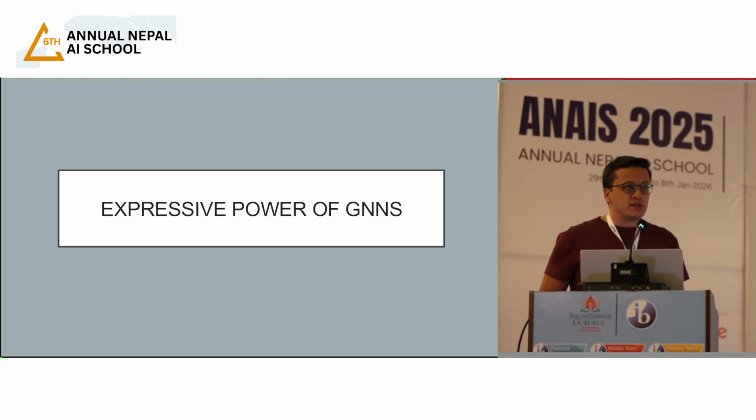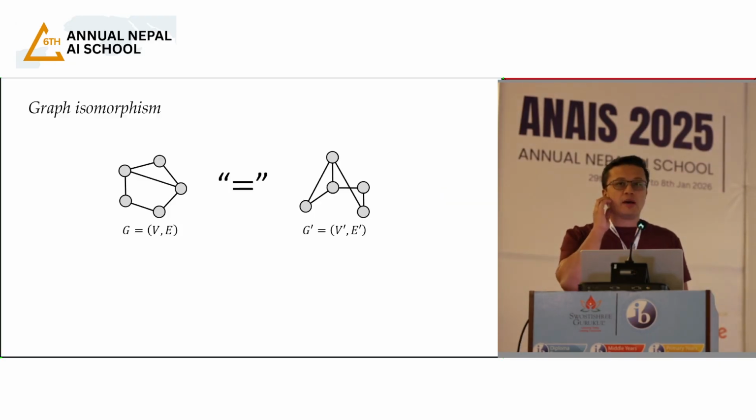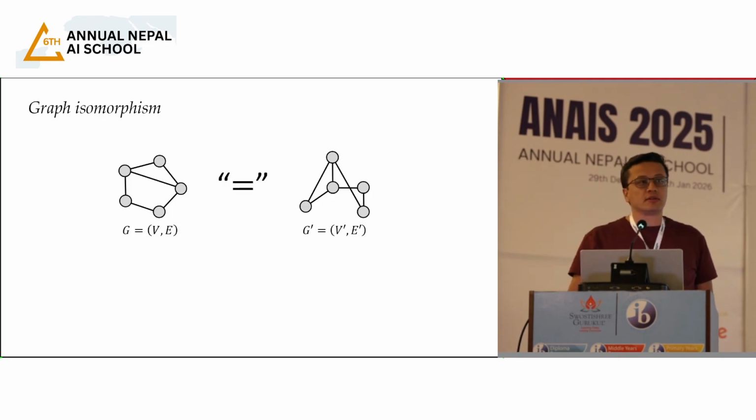Now, what we would like to discuss is the expressive power of graph neural networks. Much like for other neural network architectures, we are interested in understanding the capacity of graph neural networks in this case. The discussion is somewhat more delicate here because we are dealing with graphs, and graphs are more complex than sets, for instance.